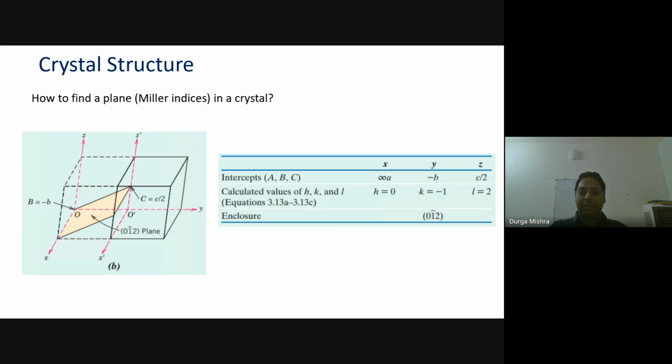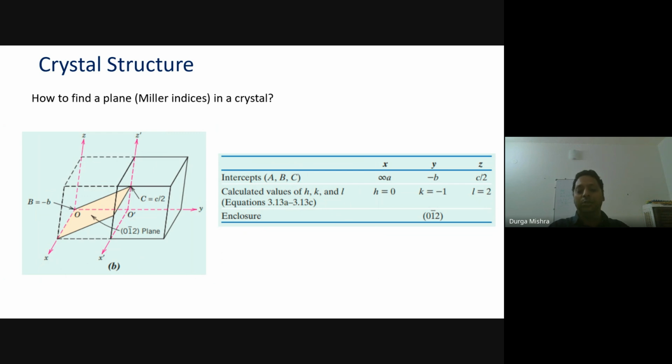I think I have a table. Yes. So here you calculate the intercepts: infinity in a, minus b for the y-axis, and c by 2 for the z-axis. To calculate the hkl, you have to take the inversion. So 1 by infinity becomes 0, minus 1 remains minus 1, and c by 2 becomes 2. So the hkl values, the Miller indices, become 0, minus 1, 2.